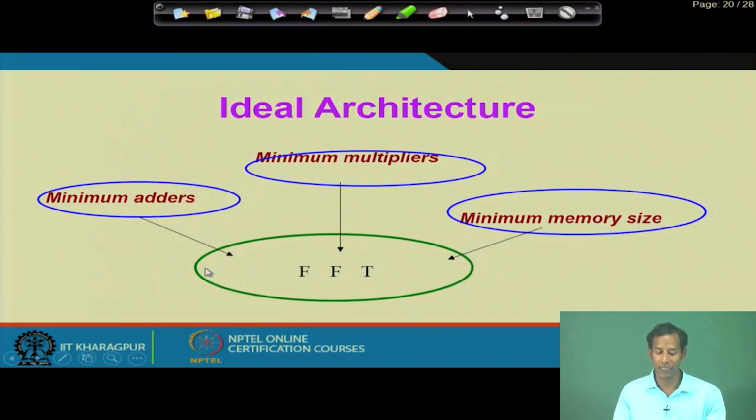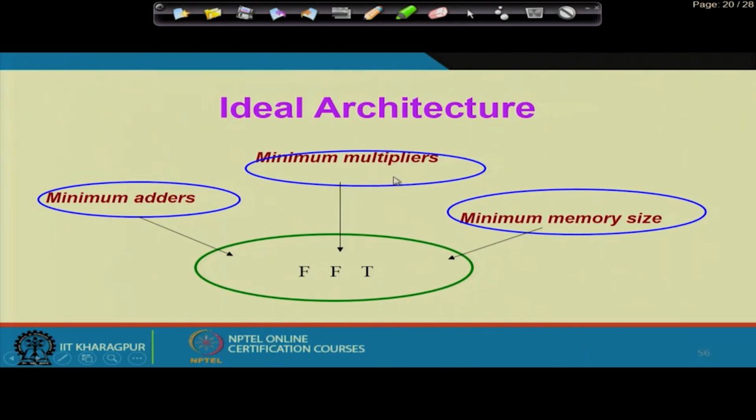The ideal FFT architecture is one that requires the minimum memory size for storing the coefficients as well as the intermediate values, and the minimum number of adders as well as multipliers. So, people are trying to develop FFT architectures considering all these aspects.